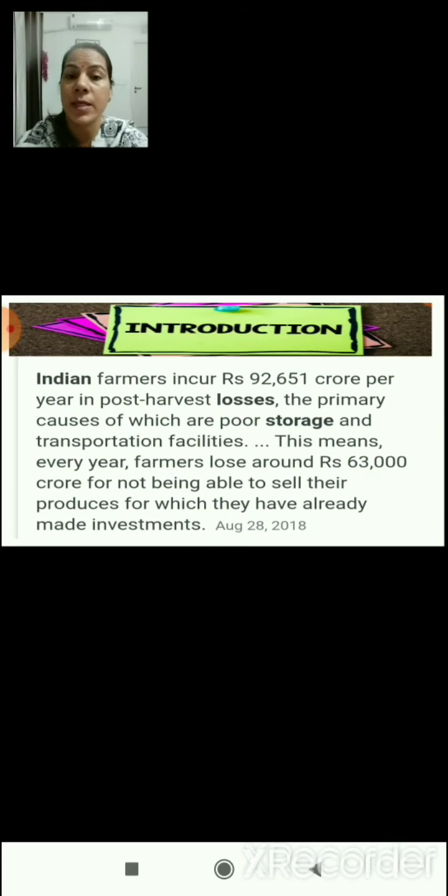Indian farmers incur rupees 92,651 crore per year in post-harvest losses, the primary cause of which are poor storage and transportation facilities. This means every year farmers lose around rupees 63,000 crore for not being able to sell their produce for which they have already made investments.